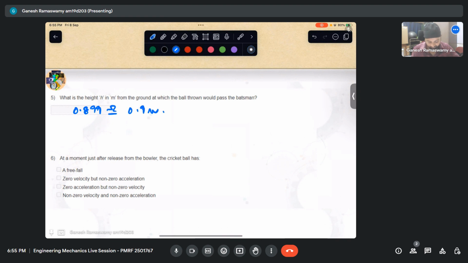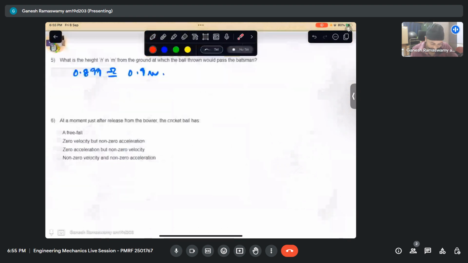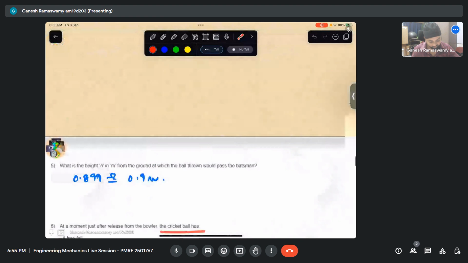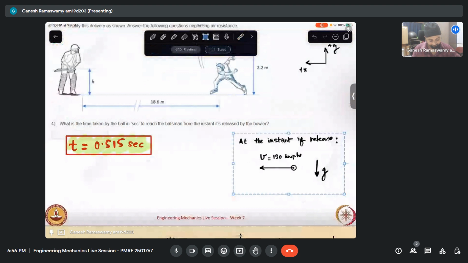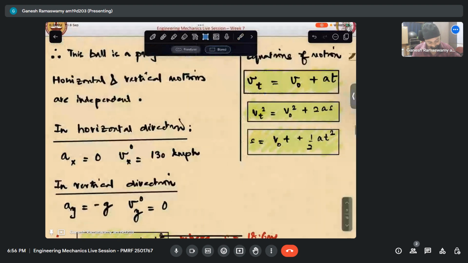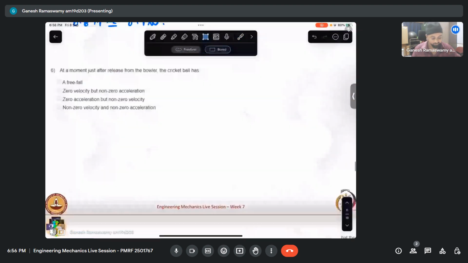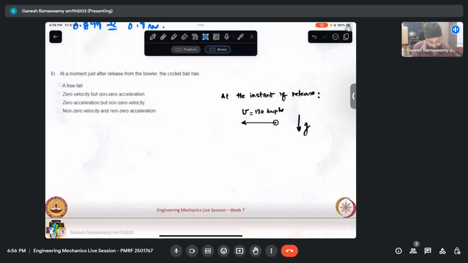Now the question is asking, at the moment just after the release of the ball, the cricket ball has which of the following? Now we have already drawn it here. So let me take a copy of that and put it here. So this gives me at the instant just after release, is it having non-zero?